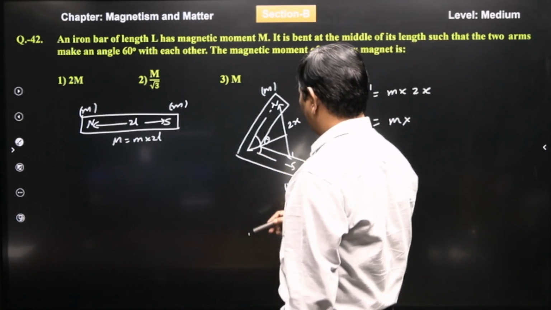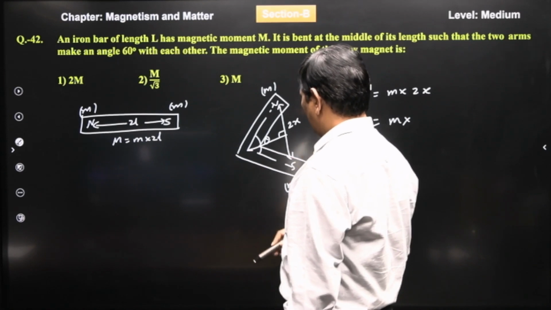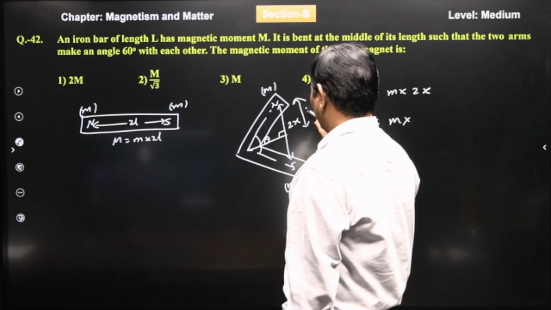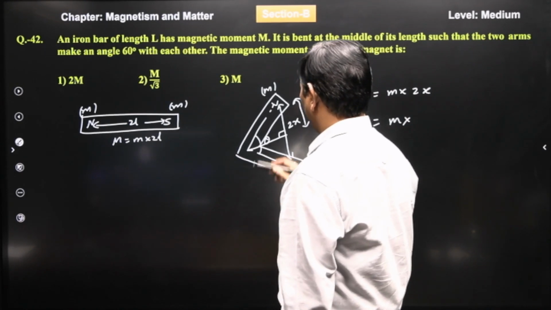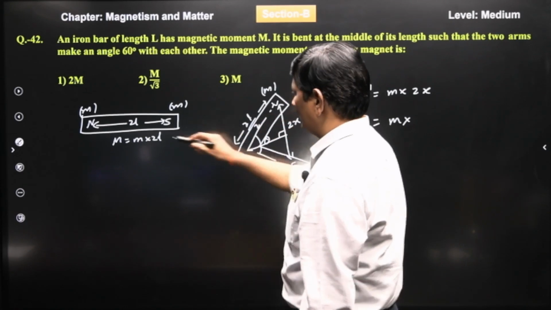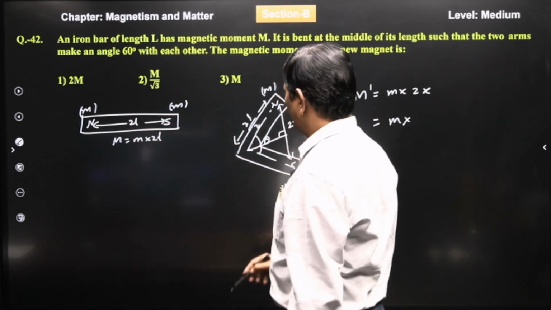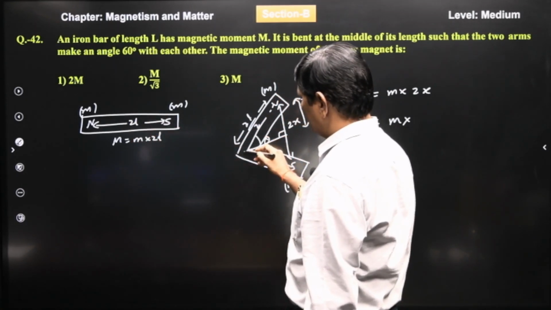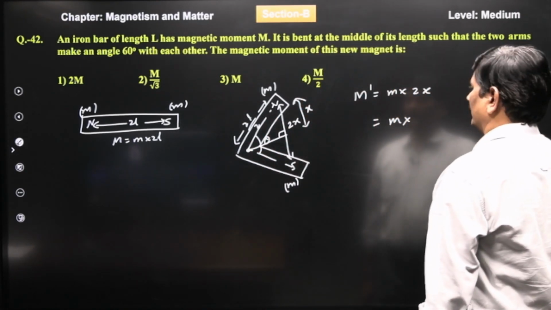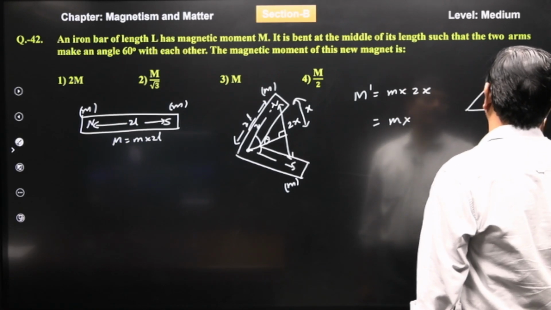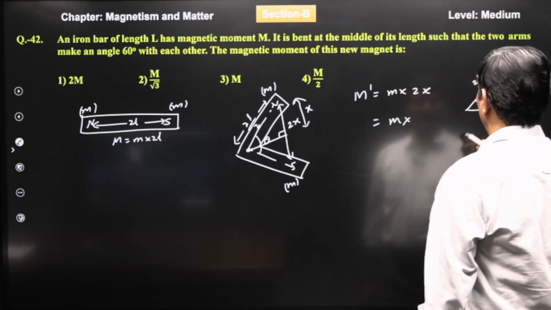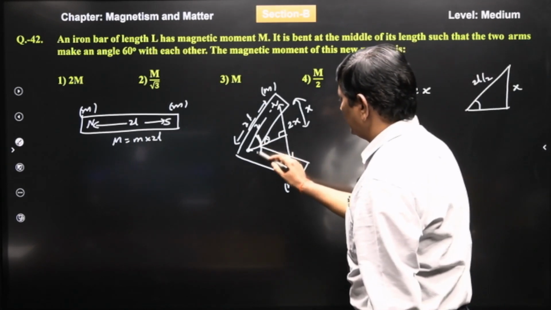To write that, draw a perpendicular bisector so that this length becomes x. This length is 2L by 2. When it is straight, it is 2L in total. It is bent at the midpoint, so this length is 2L by 2. So there you can see a right angle triangle. This is x, this is 2L by 2, and the total angle is theta.